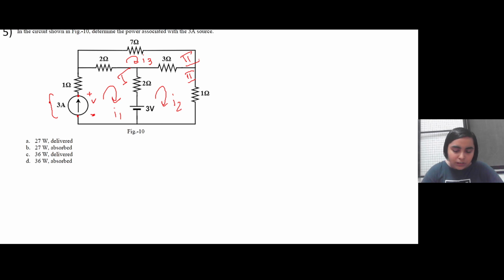Now let's apply KVL across, let's say, loop 2. We are moving in this particular direction. First we come across this 3 volt source. So 3 minus, then 2 ohm resistance. I1 current is flowing down, I2 current is flowing up.